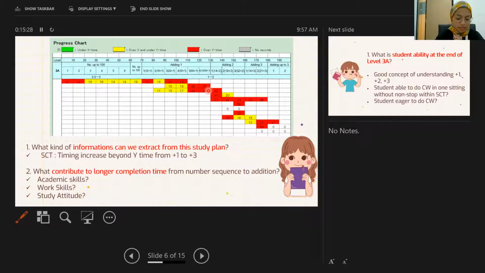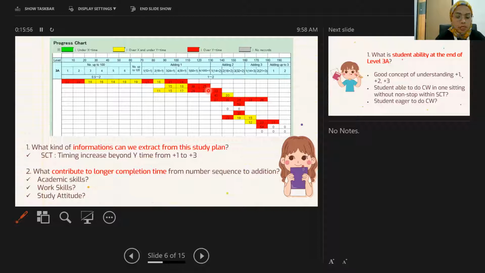Okay, you did mention probably because of concentration, probably because of stamina. So these two are under work skill. Okay, so it could be the reason, it could be from the work skill that has not been developed, as well as the study attitude. But I think for this one we couldn't verify because you mentioned earlier you couldn't manage to see him in level 3A.